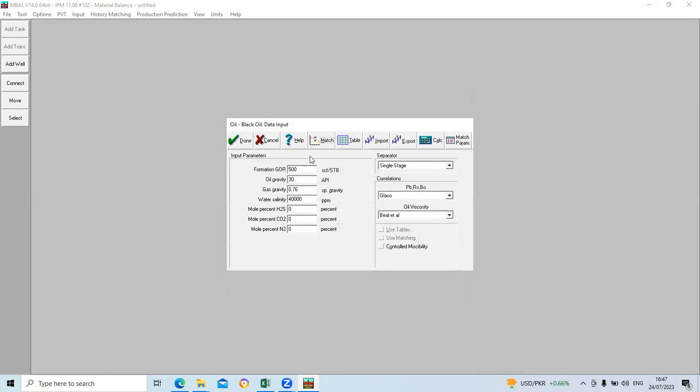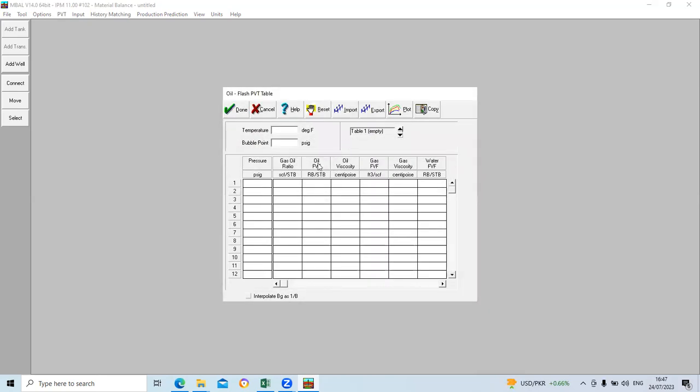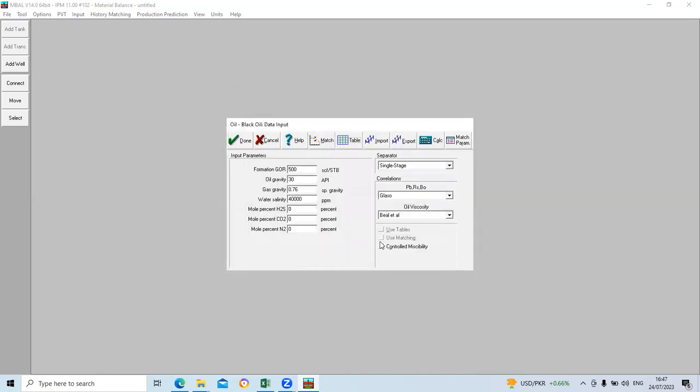If you don't want to do the match, you can also input a table value there, and then you ask the software to use tables. Because if you look at what we have here, we have use tables and we have use matching.